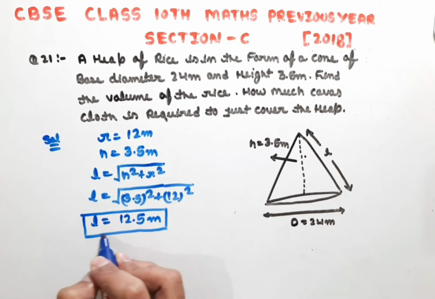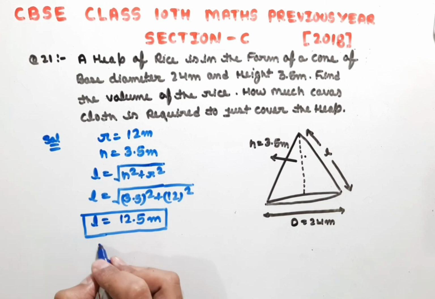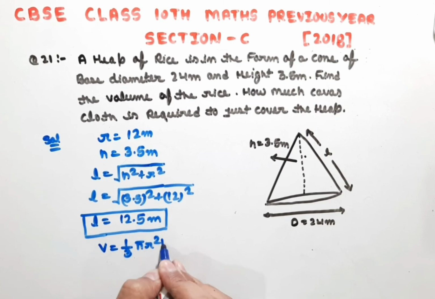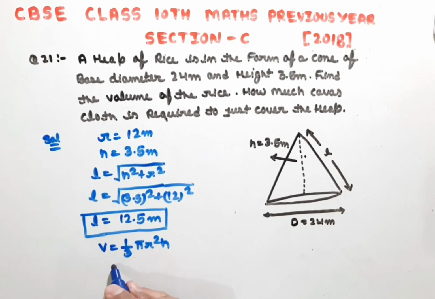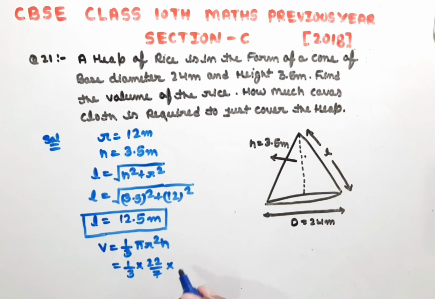Now, firstly, he is asking the volume of the rice. So volume of the rice will be equal to volume of the cone. So volume V will be given by 1 upon 3 pi r square h. Now putting value here, 1 upon 3 pi, that is 22 upon 7, r square, that is 12 into 12, into h, that is 3.5.